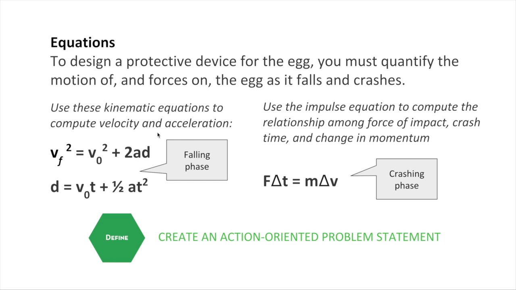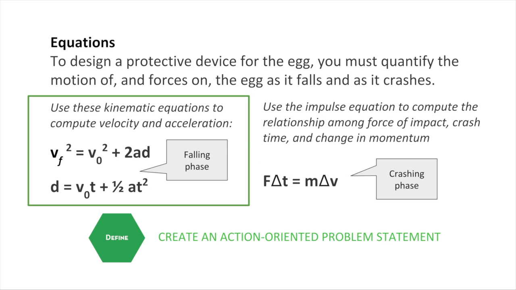During the falling phase, we're concerned with kinematic equations to describe motion, and then during the crashing phase, we're concerned with an equation that can describe the forces on the egg, specifically the impulse equation. So we're going to be using two different types of equations for this process. First, we'll begin with the kinematic equations so that we can compute velocity and acceleration during the falling phase.